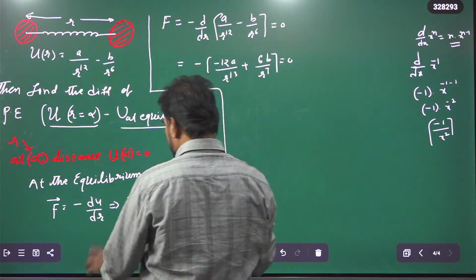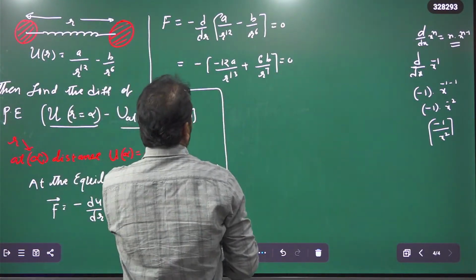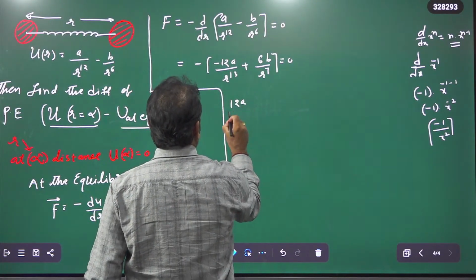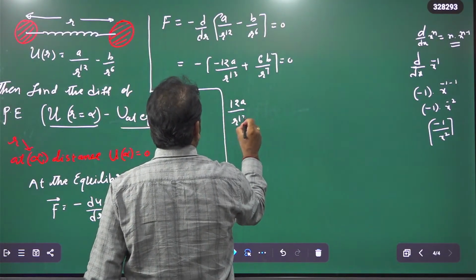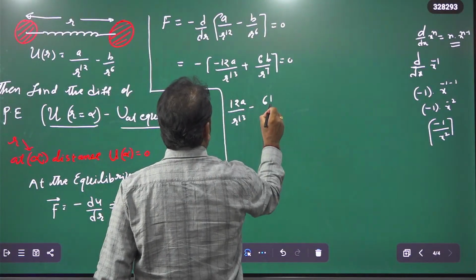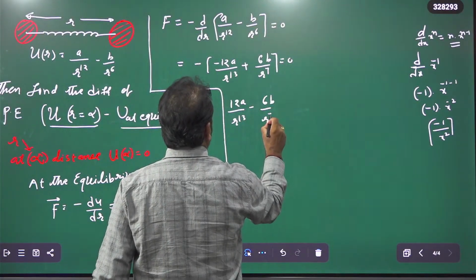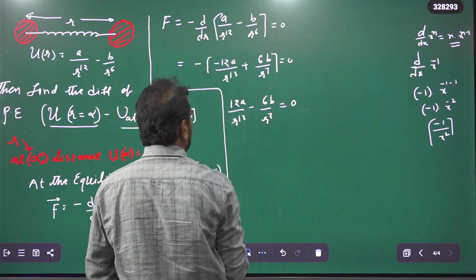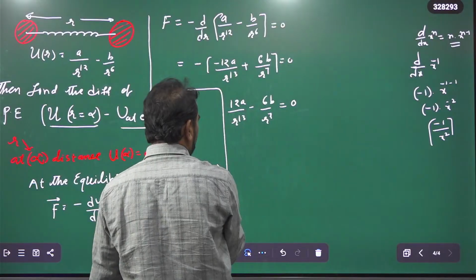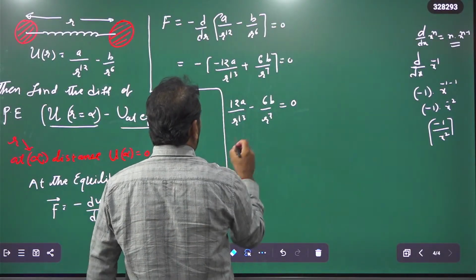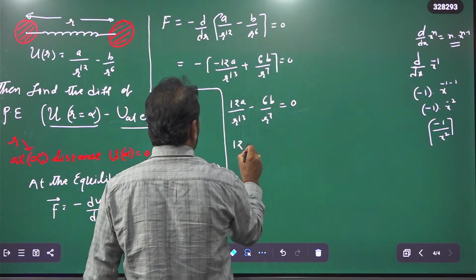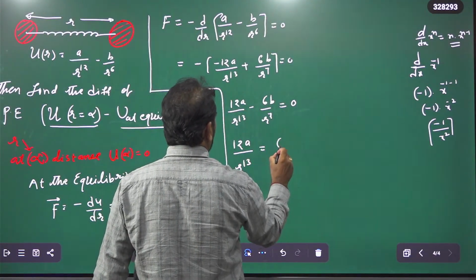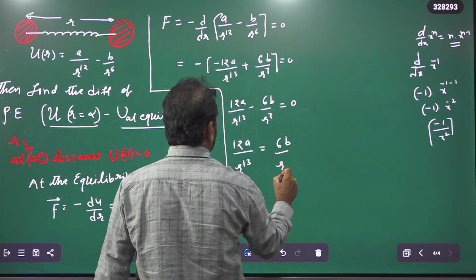So 12a upon r to the power of 13 minus 6b upon r to the power of 7 is equal to 0. Taking this outside, we get 12a upon r to the power of 13 equals 6b upon r to the power of 7.